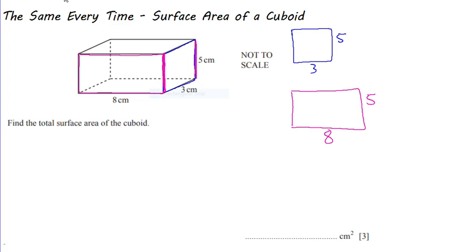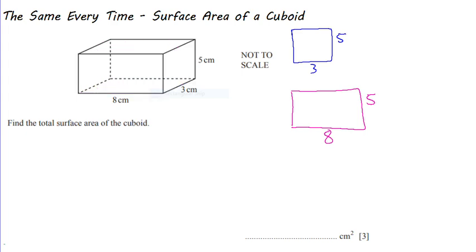It's worth saying again, actually, these come in pairs, don't they? So this face just here, the 3 by 5, is exactly the same as the face on that side, that end. And the front face, the 8 by 5, is exactly the same as the back face. So they come in pairs. We have 2 of each.